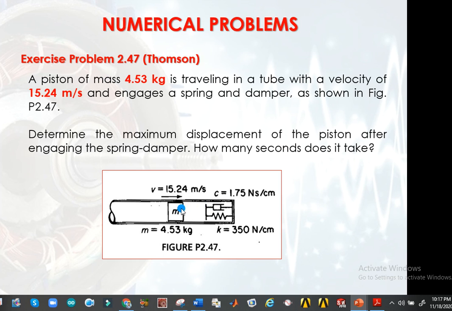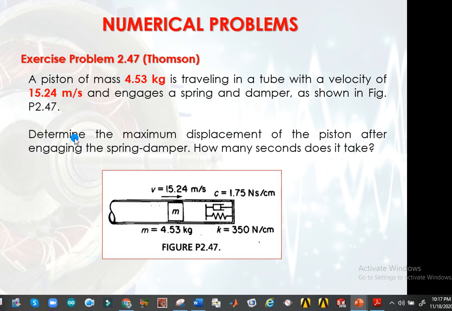So what will happen? This piston of mass 4.53 kg and with velocity 15.24 meter per second will collide with this assembly of stiffness and damping element, and after collision with this element, this piston assembly will bounce back.